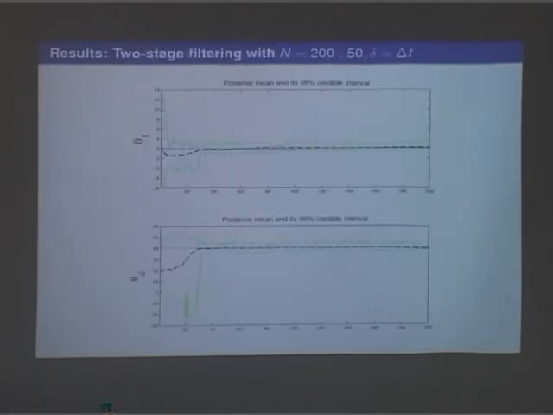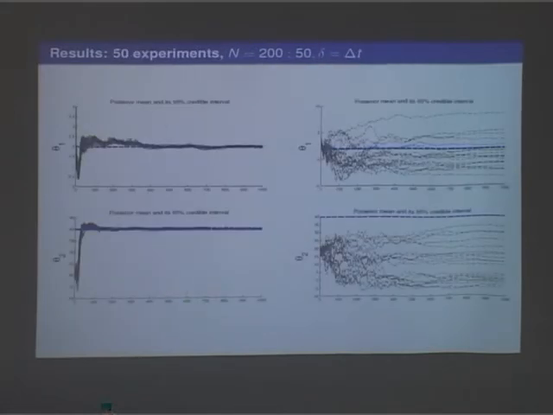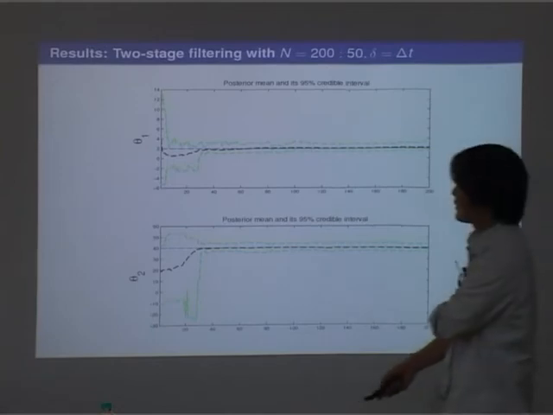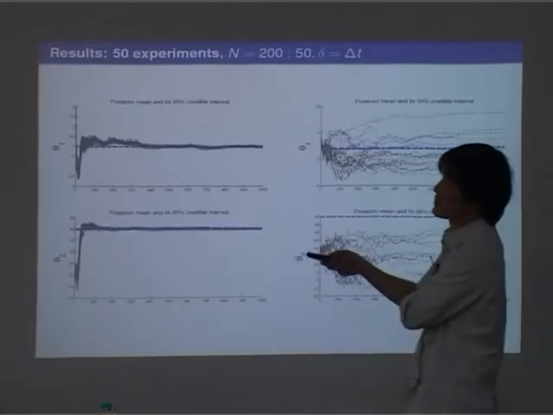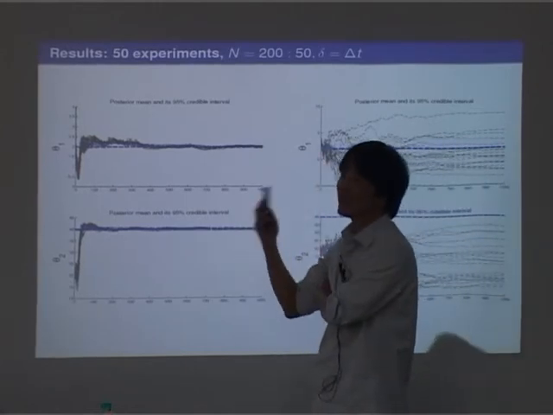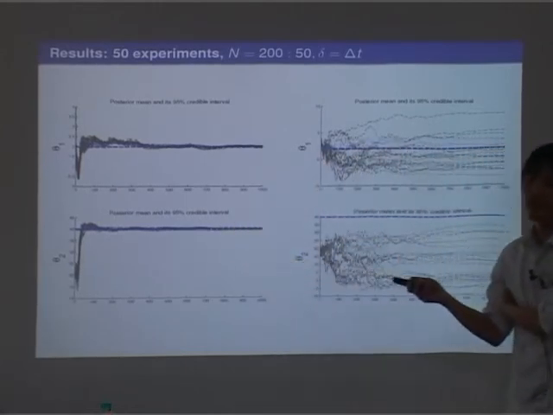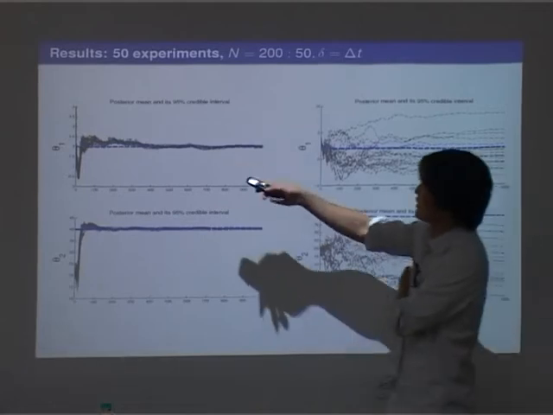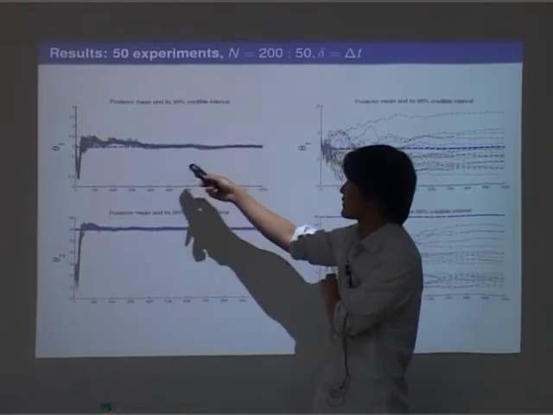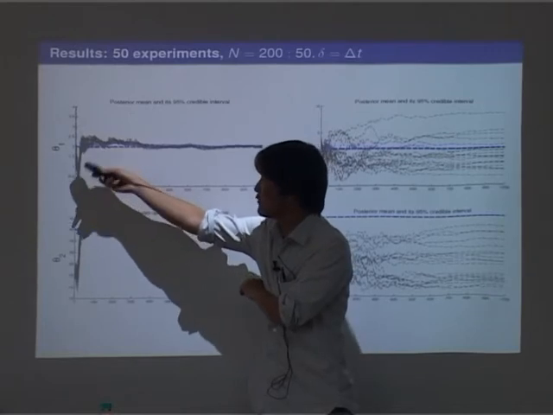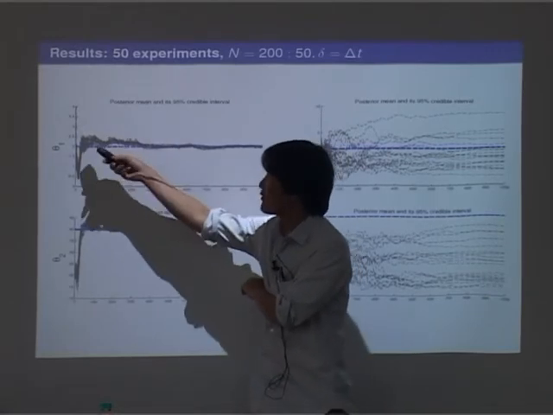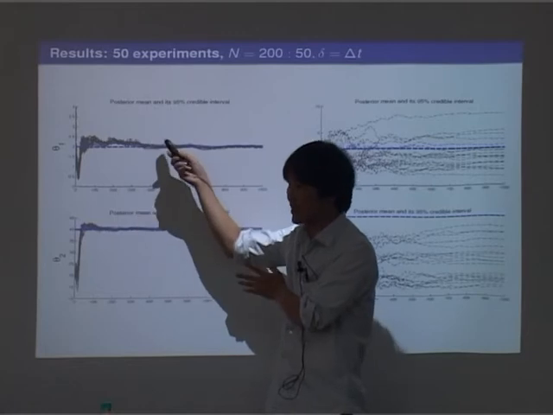Okay. And now I want to know whether or not it's just luck. So I run 50 different experiments using 50 different initial ensembles. In this case, for the two-state particle filtering, this is the mean, the point estimate, the evolution of the point estimate or the mean for 50 different experiments.